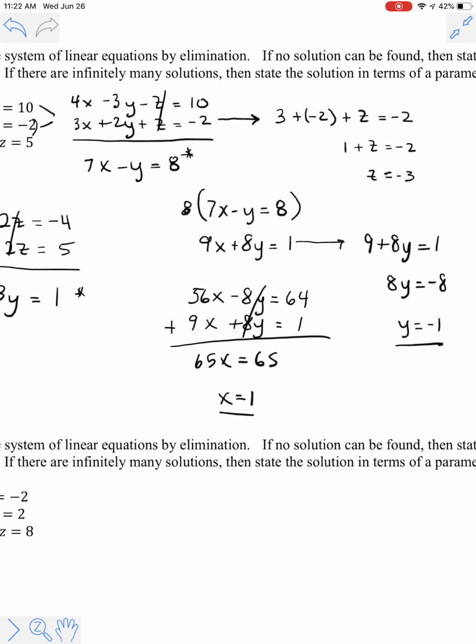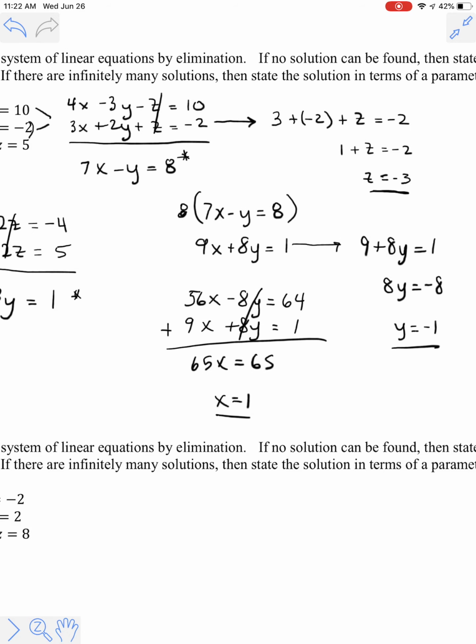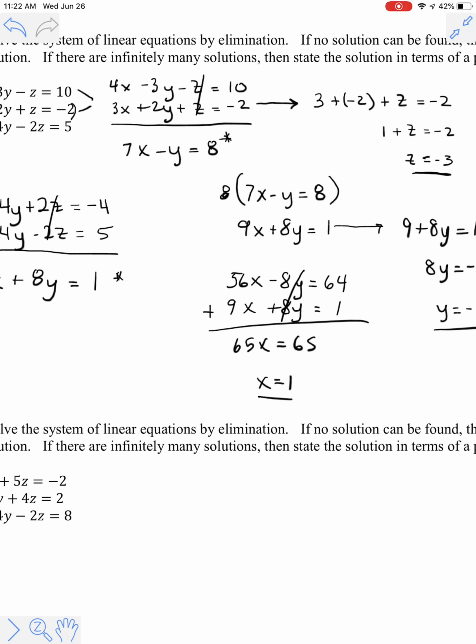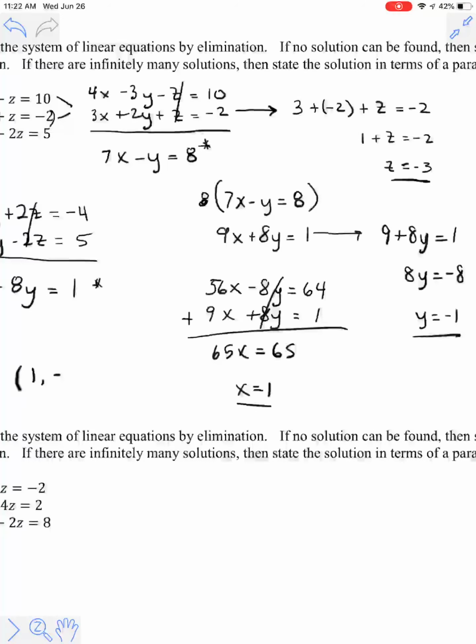I can solve for z. And you'll recall in class I stated that if we're not solving an application problem, then the solution to a system of equations needs to be represented as a point on a graph. So this is the point 1, comma, negative 1, comma, negative 3.